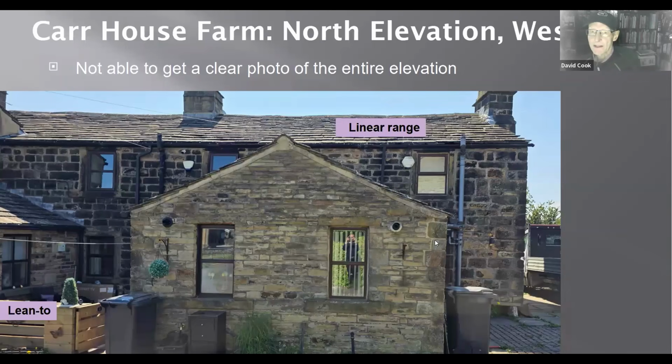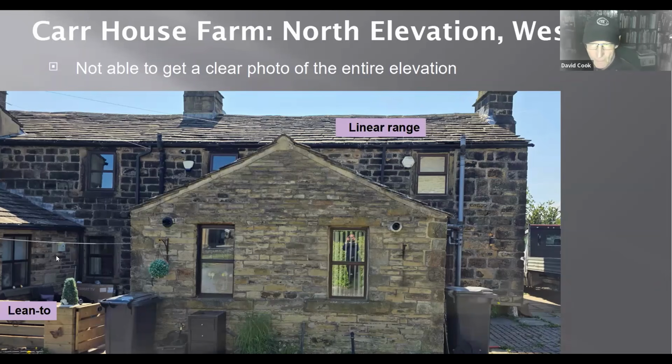The right-hand side of the elevation, that's the end of the lean-to that we can see. Pardon my slight confusion over it. There used to be a door here. It used to be a porch. There's an entrance to it, which basically gave access to the house that was in this little bit of the linear range.